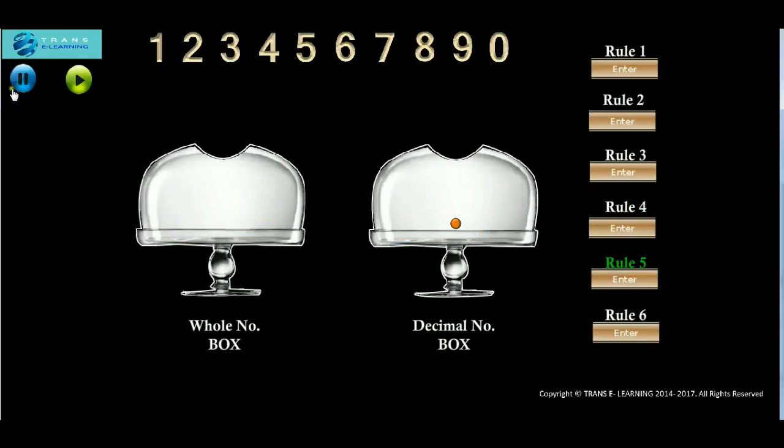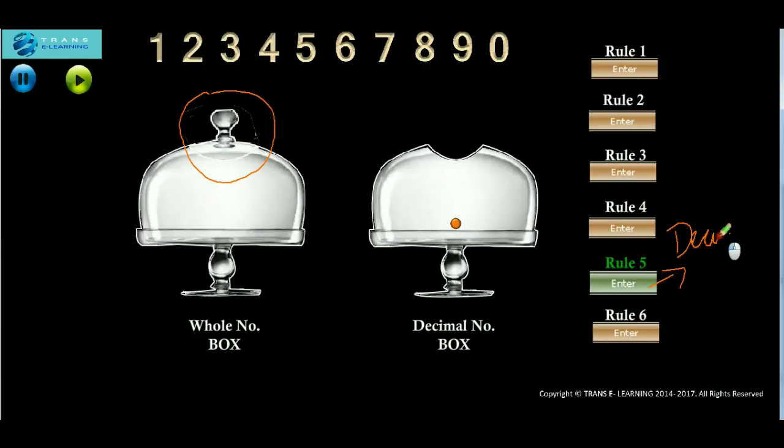Here I have entered the rule 5. And you can see here that the whole number box got closed. So that means this rule 5 is applicable only for the decimal number. It is not applicable for the whole number box. Again, I have placed any two random non-zero digits inside the box, and the zero is entering this box, and let's see, oh, it's staying at this position.